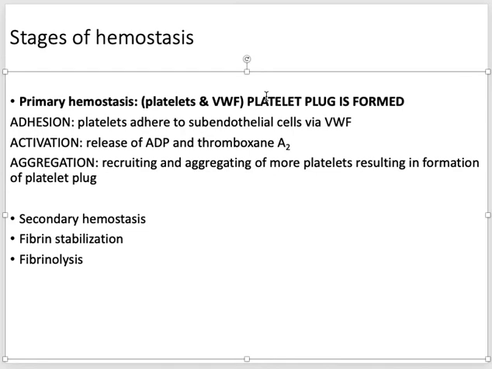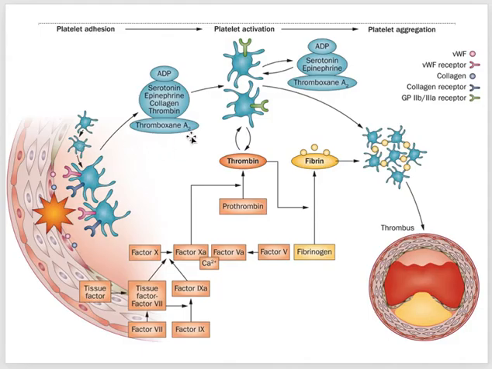Okay, guys, ADP is the one that collects more and more platelets, and thromboxane A2 is what forms this platelet plug. Inside the platelets you can see these yellow things. What are these yellow small things?